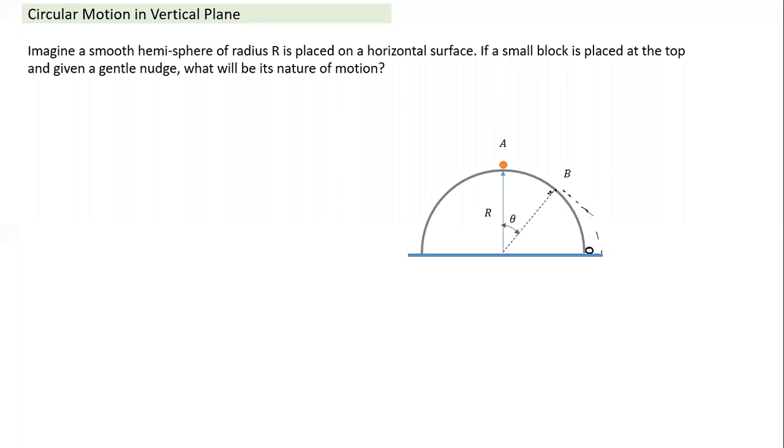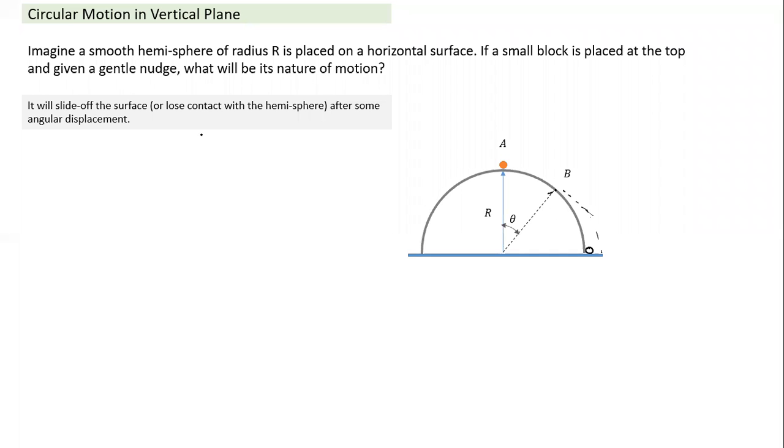So at theta, the normal reaction will become 0. We'll do something similar to what we did in the case of slackening of a string. At this theta, first I'll find the velocity as a function of theta. Then I'll find the normal reaction as a function of theta and equate it to 0 to find the value of theta where it loses contact with the surface.